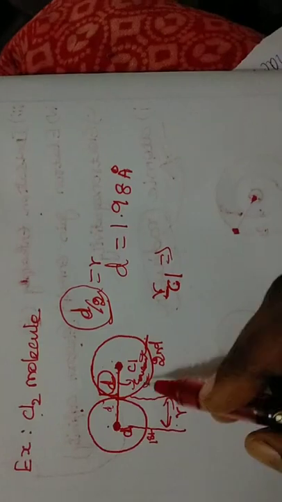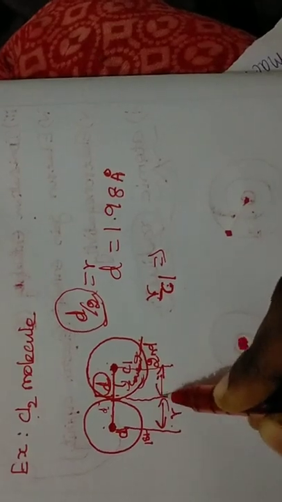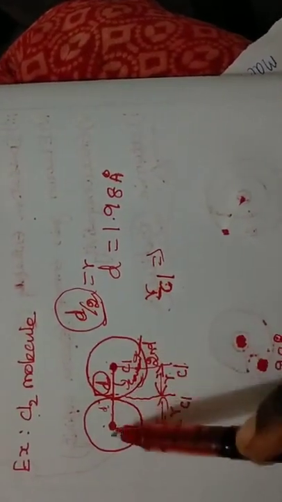If d by 2 is R, then this is one R, and the distance from here to here is another R. So the radius of the first chlorine and the radius of the second chlorine, if you add them together, you will get the d value of this chlorine molecule.